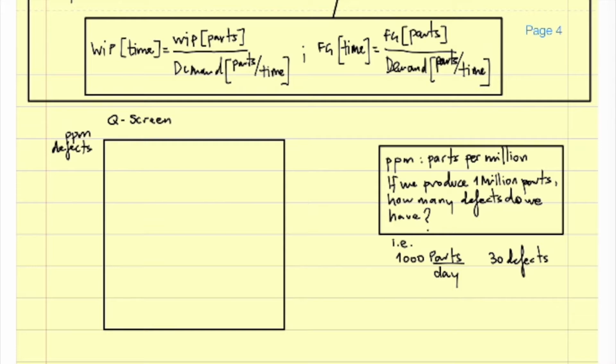You would have a ppm of 1 million divided by 1,000 times 30. Okay, so you would have 30,000 ppm.